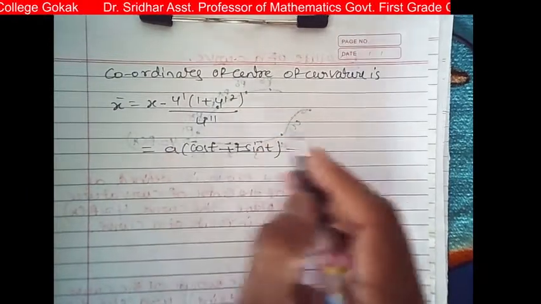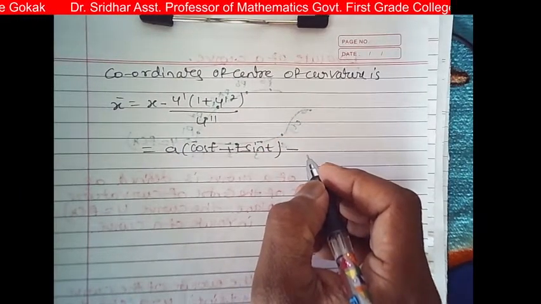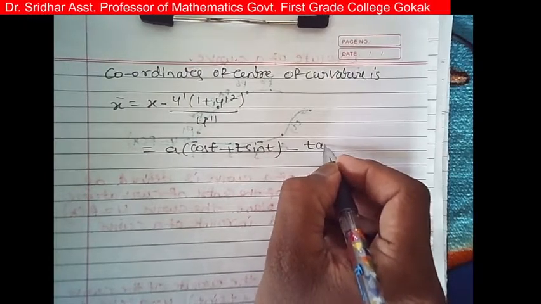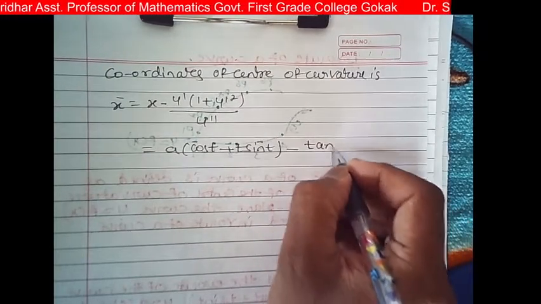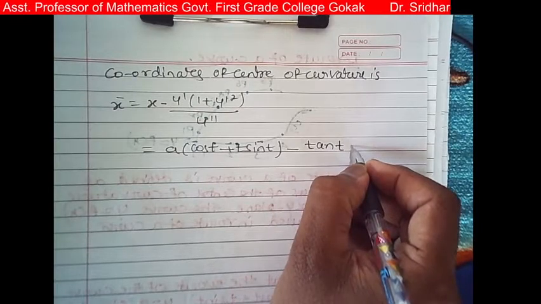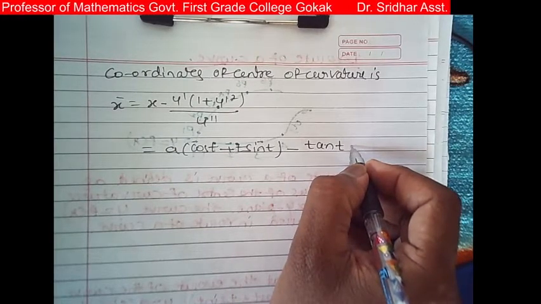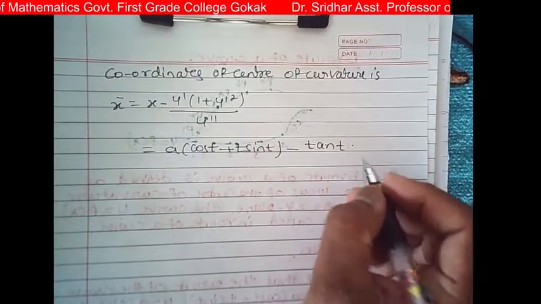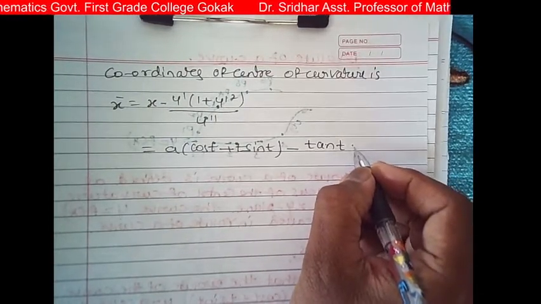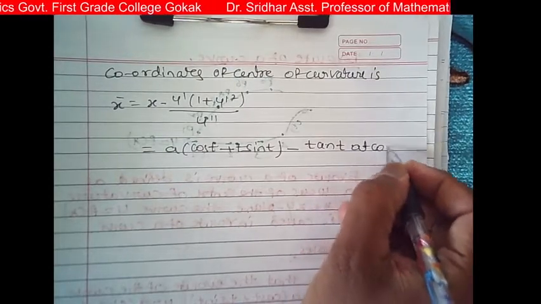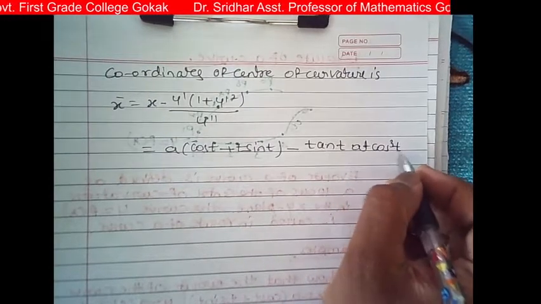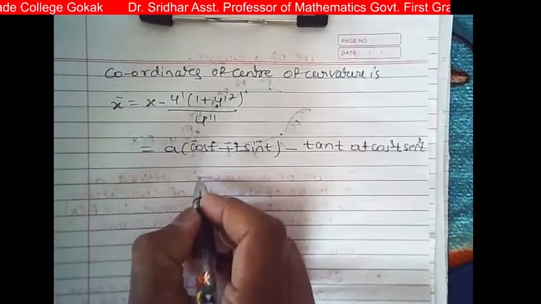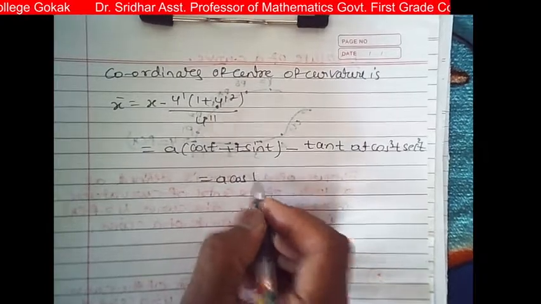So y dash already we found, so y dash is equal to tan t, into then 1 plus y dash square divided by y double dash. After all simplifying, we get tan t into at cos cube t into sec square t, and after simplifying you will get this is equal to a cos t.